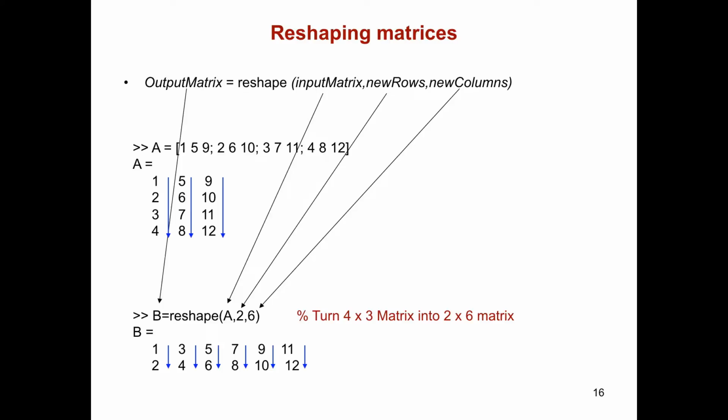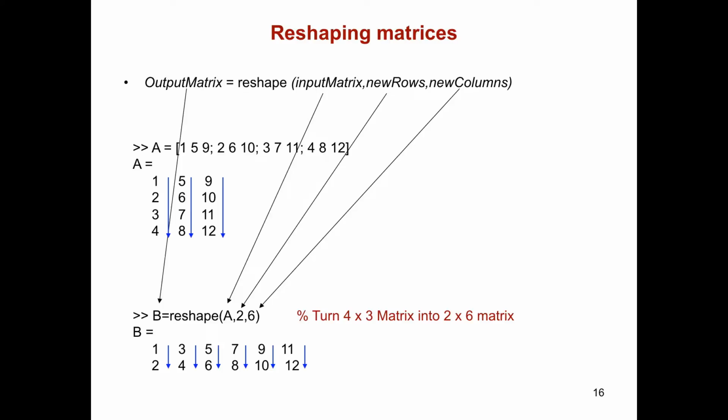Now if I wanted to reshape this matrix into some other shape, as long as I have enough elements for it, I can just say reshape this matrix as a 2 by 6. 3 times 4 is 12, 2 times 6 is 12. I have the same number of elements. And how am I going to store these elements in B?